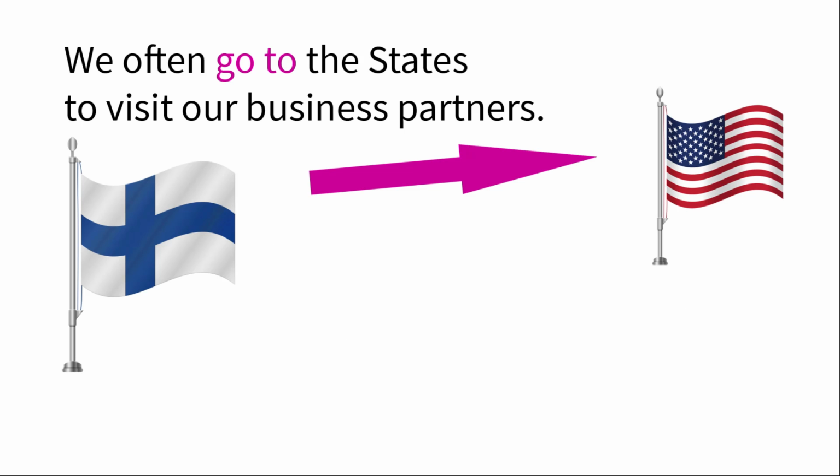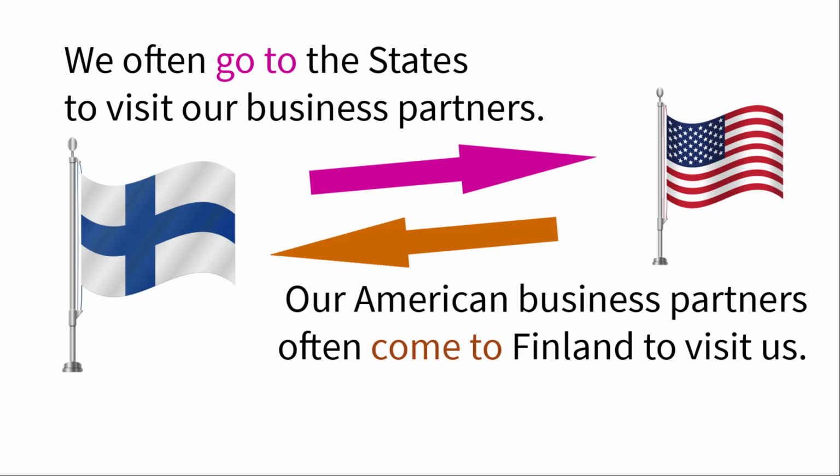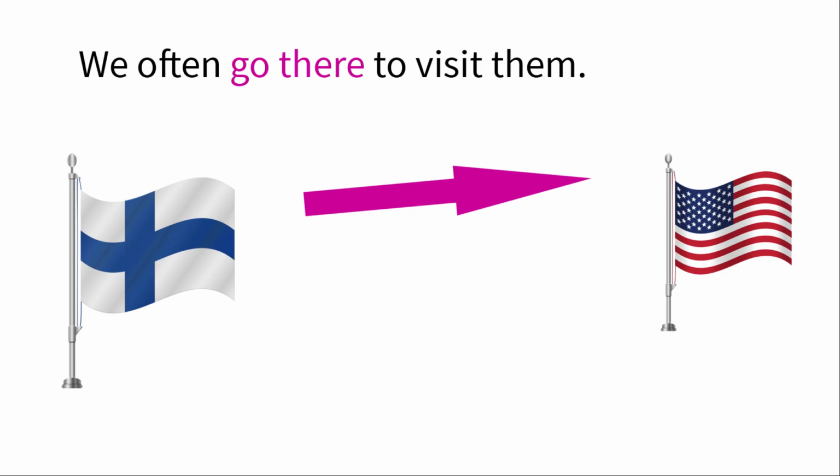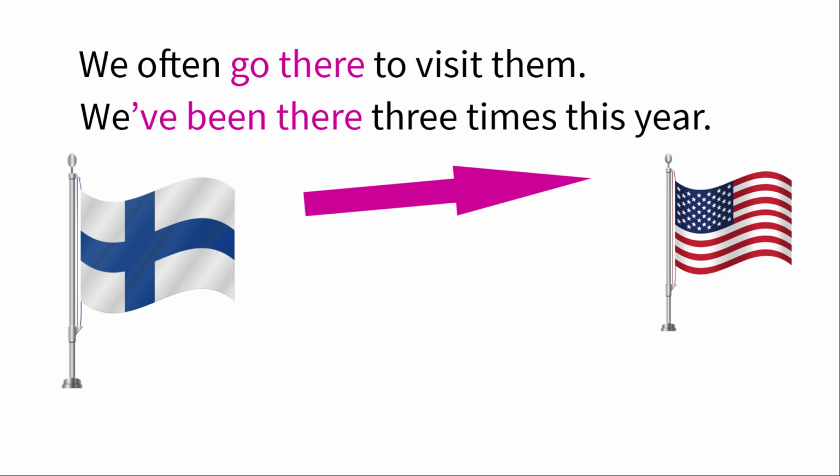I'm now going to show you that been to also can mean come. We often go to the States to visit our business partners. And our American business partners often come to Finland to visit us. We often go there to visit them, and we've been there 3 times this year.